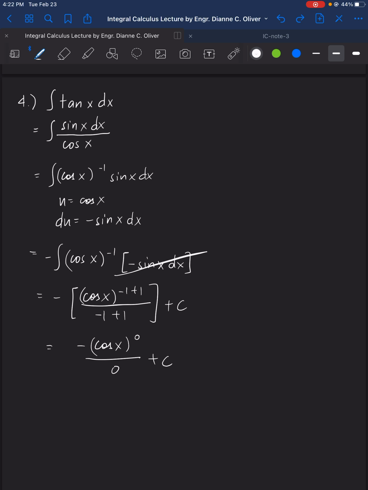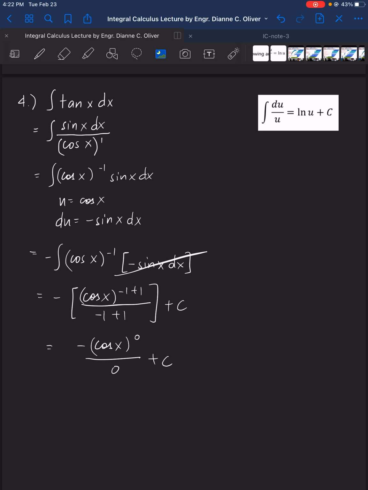Again, even though it's a trigonometric function, we cannot use the power formula because the denominator has a power of 1. So the method that can help solve this is the logarithmic formula.